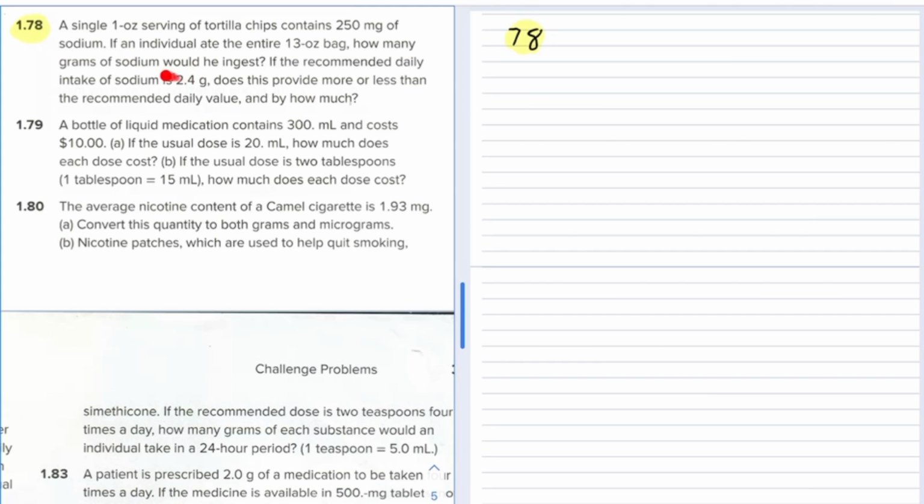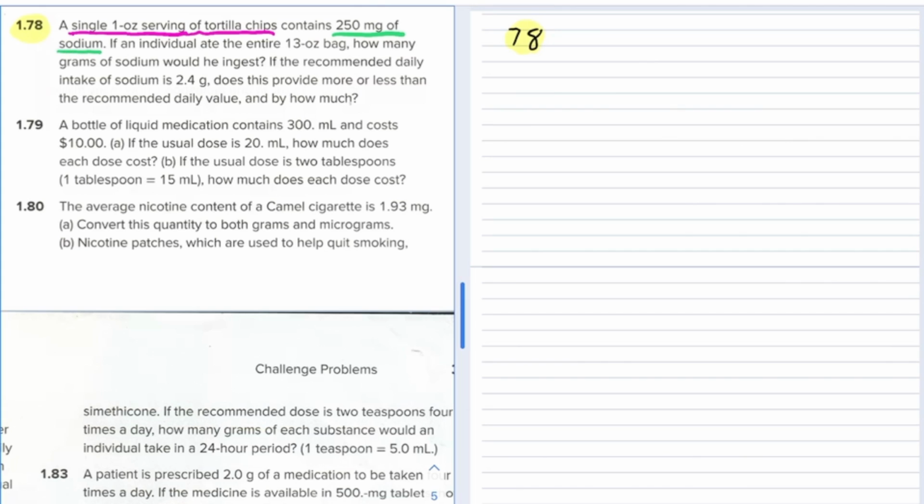Okay, lots of information here. A serving is 1 ounce. A single serving is 1 ounce of chips, and this contains 250 milligrams of sodium.